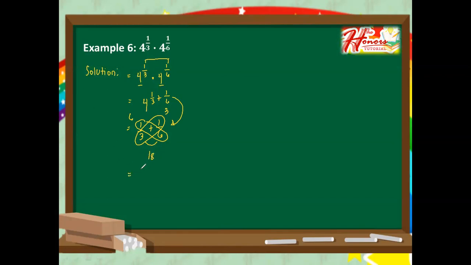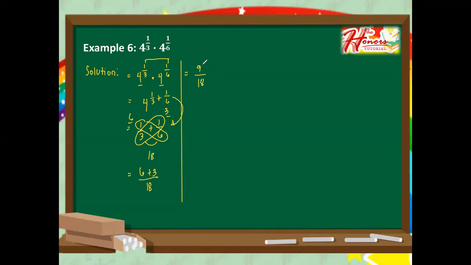So we have here 6, this 1, plus 3 over 18. And then let's continue solving here. So that is 6 plus 3, that's 9 over 18. Let's simplify this.